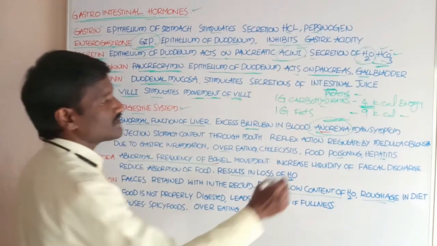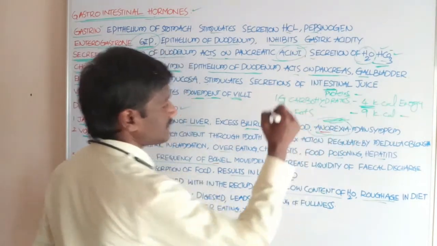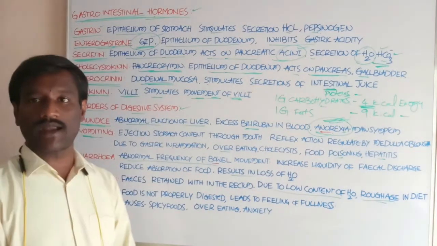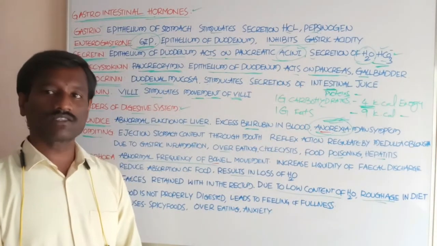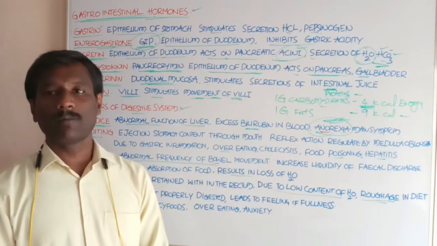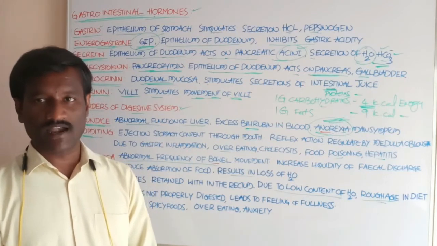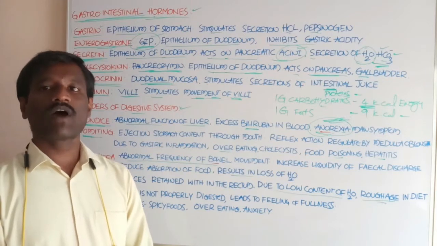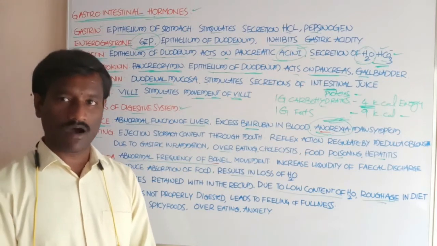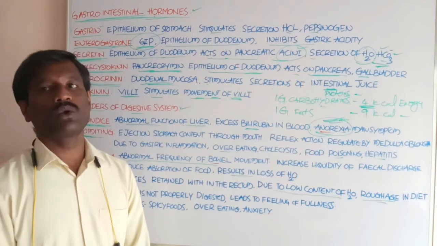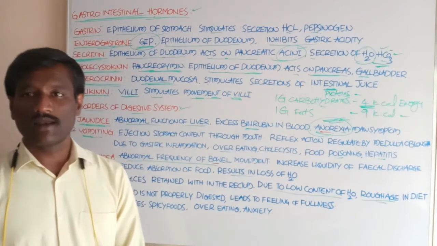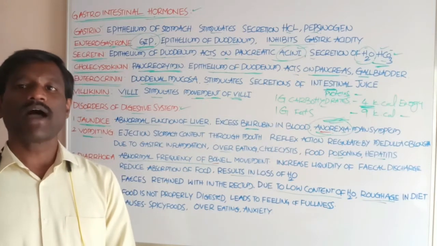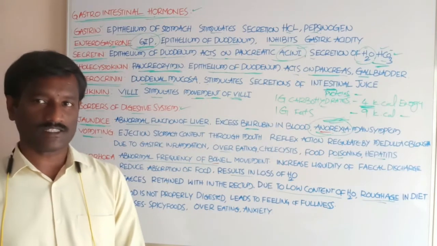Anorexia, which means loss of appetite, is the main symptom in jaundice. The skin and the white part of the eyeball turn yellow because of excessive deposition of the bile pigments in these regions.